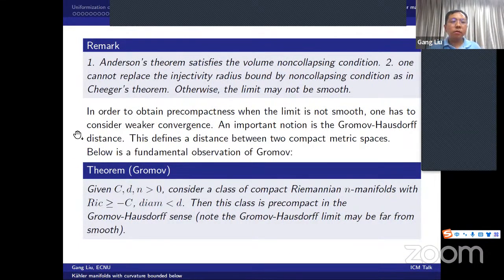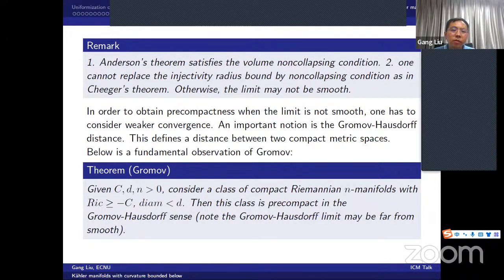A remark is that Anderson's theorem satisfies the volume non-collapsing condition automatically. The second thing is that one cannot replace the injectivity radius bound by the non-collapsing condition. Otherwise, the limit may not be smooth. So, in order to obtain pre-compactness when the limit is not smooth, one has to consider weaker convergence. An important notion is the Gromov-Hausdorff distance.